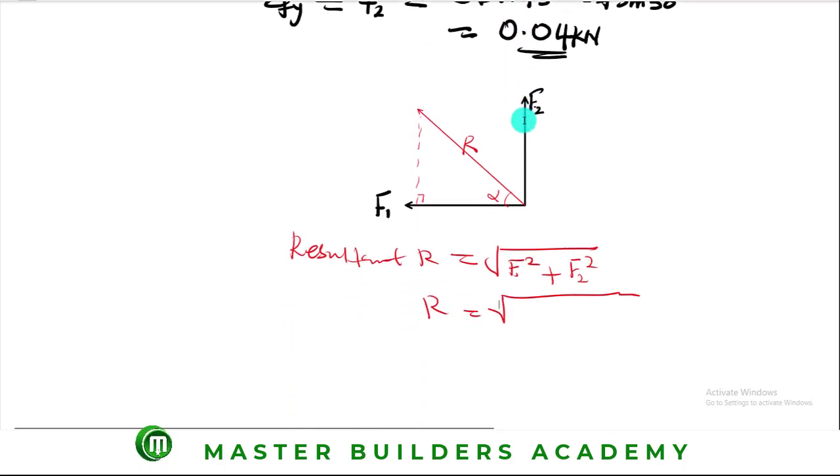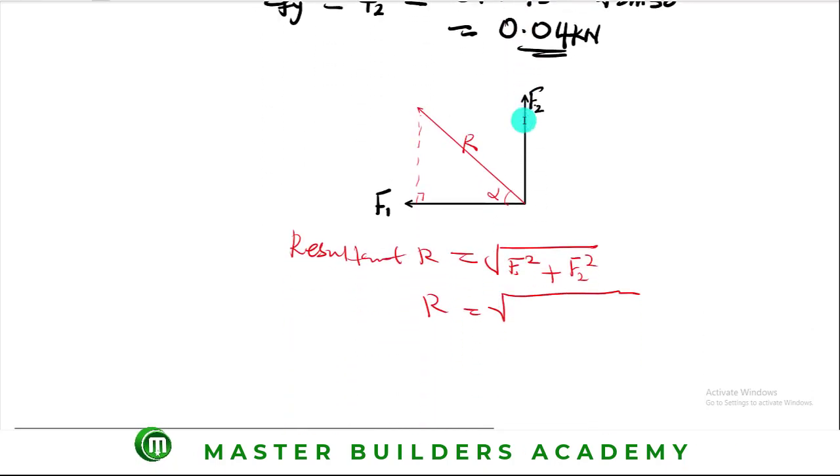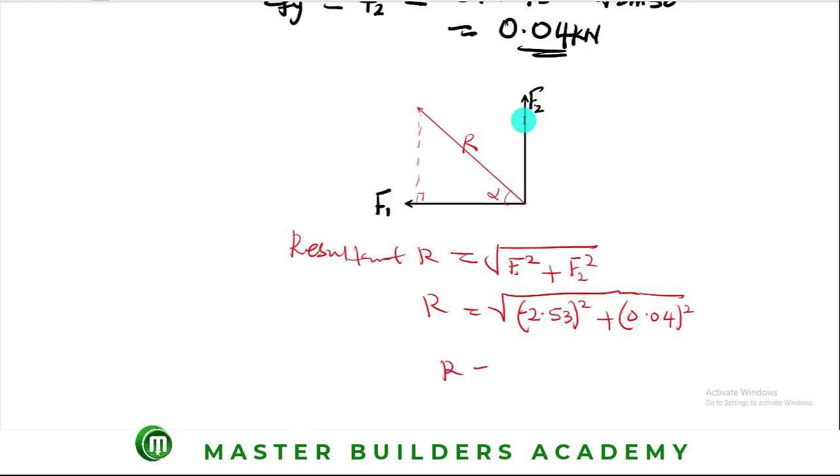2.53. So put the value there, minus 2.53 all squared, then plus 0.04 all squared. And then when we find this, R becomes the square root of 6.4025.